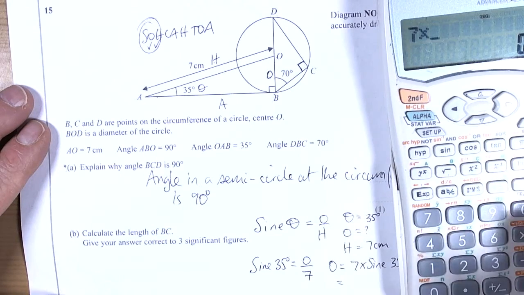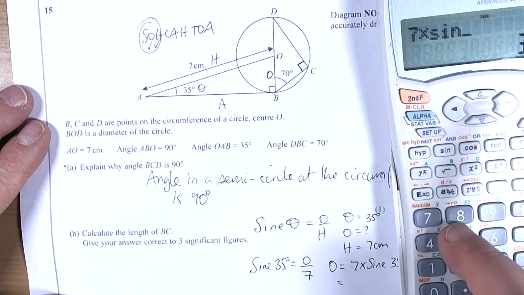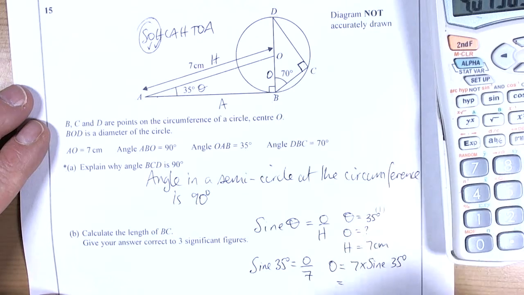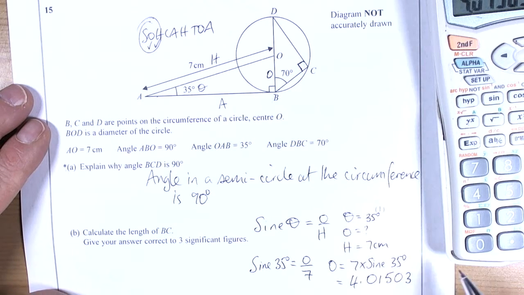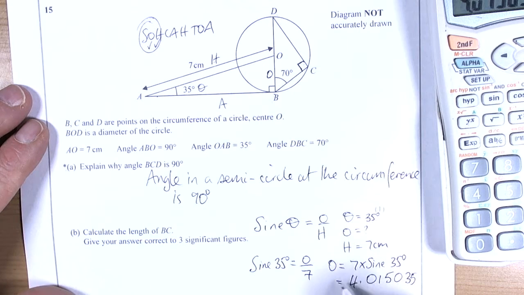So 7 times the sine of 35 equals, now this isn't the final answer, so we better write down at least 4 significant figures, as the answer wants to be to 3. So let's go a little bit further than 4, so we'll write down that and the 5 as well. So we know that this is the length of OB.